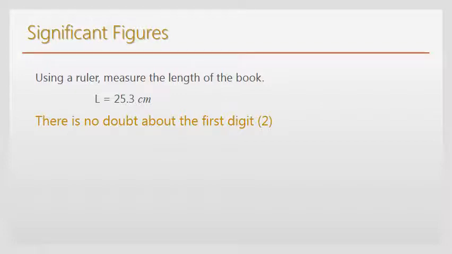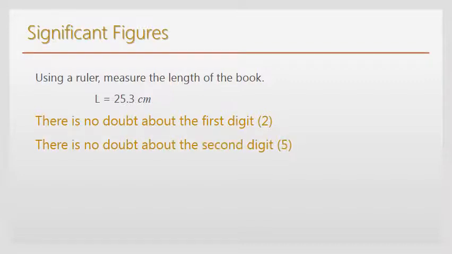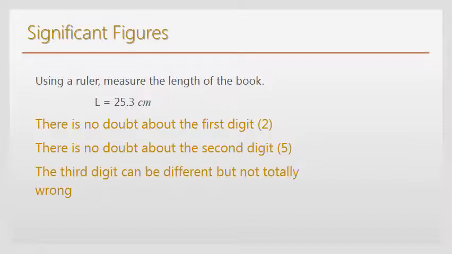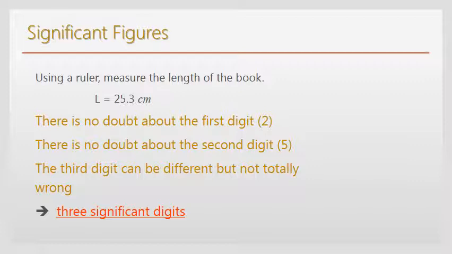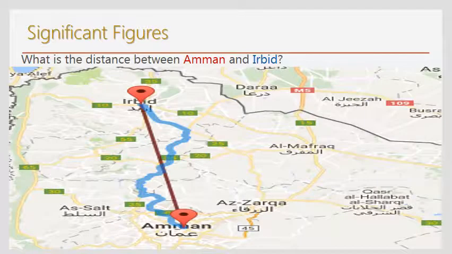For the first one, there is no doubt the first digit is correct. And there is no doubt also about the second digit, 5, which is correct. The third digit can be different, but not totally wrong. So there are 3 significant figures in these measurements.